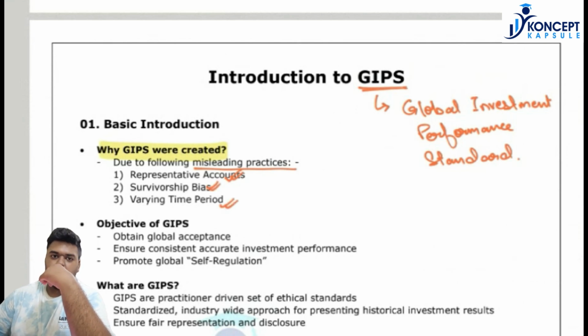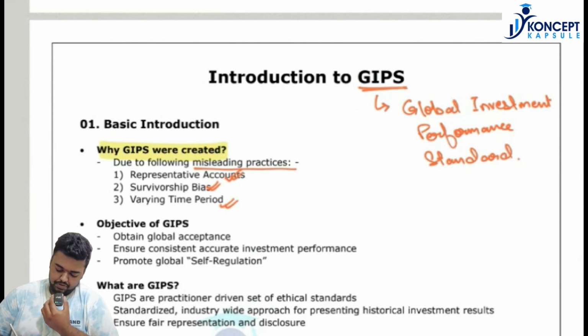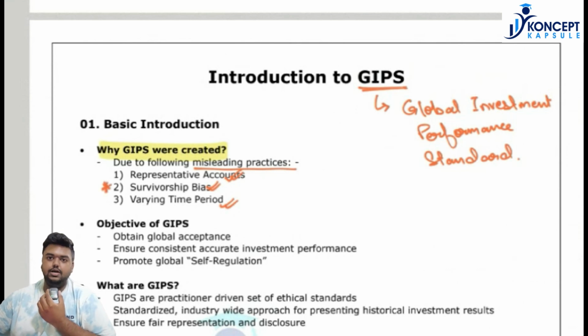Okay. So over here, if you see, survivorship bias is an important term, and I'm sure you would have heard it for the first time if you are looking this video straight away, or if you have done some other topics. It is there in other topics, right? So what is survivorship bias?